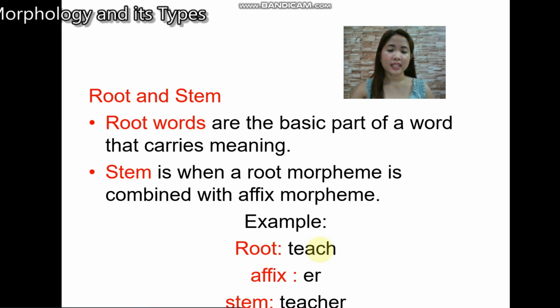Now, if we add an affix in the form of suffix, the er form, it now becomes teacher. It forms another word and it changes its grammatical function, its part of speech. From verb, teach, it becomes now a noun.